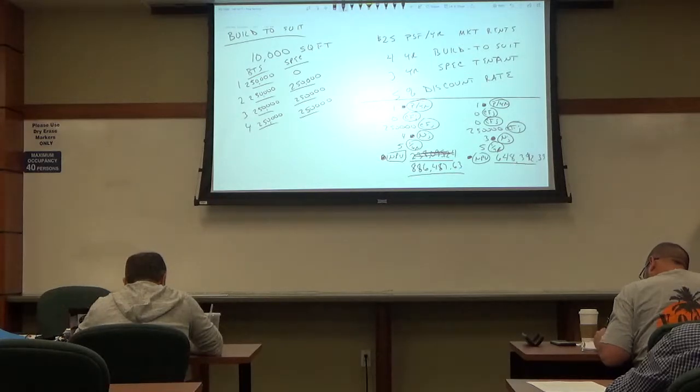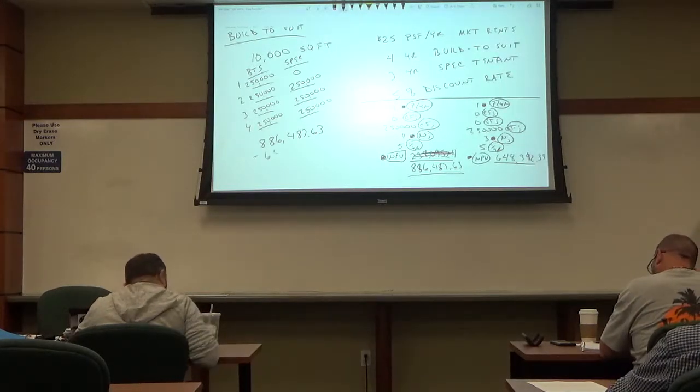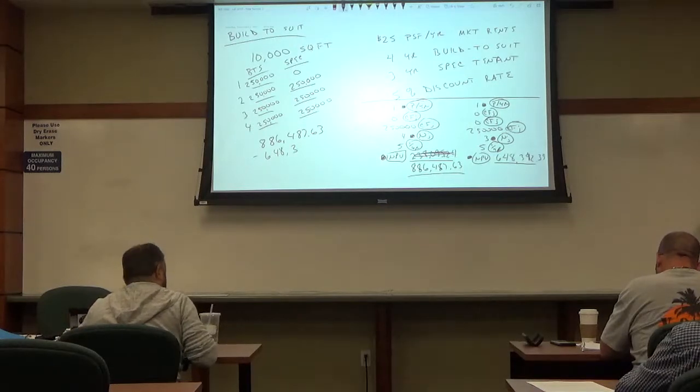So let's just start out and look at the simple difference between the two. So 886,487.63 minus 648,392.39.